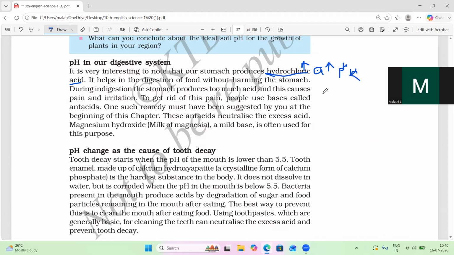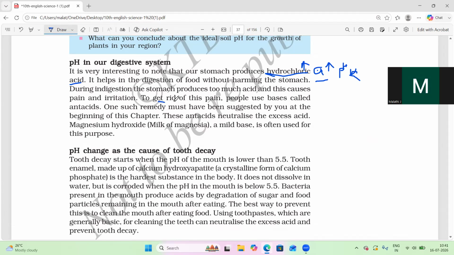One of the major diseases we get because of this increase in acid levels in our body is acidity. We get a burning sensation, and that burning sensation we call acidity. What we should do is take some bases.